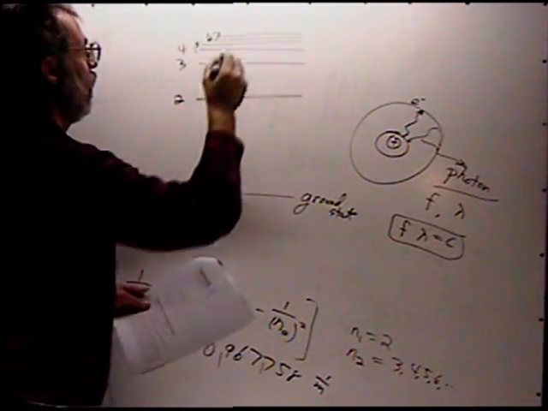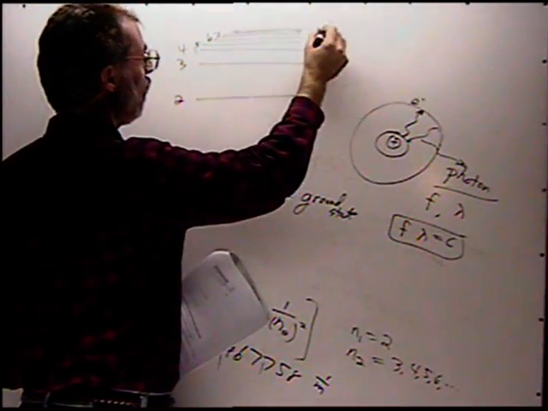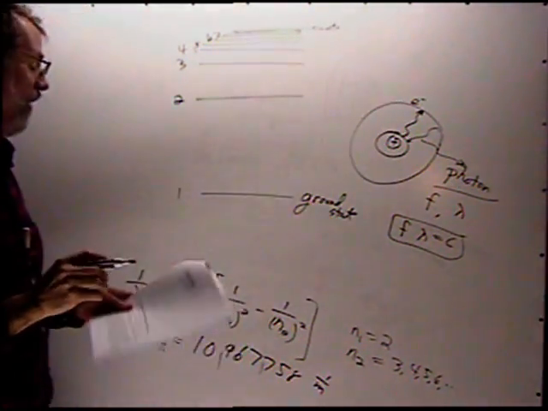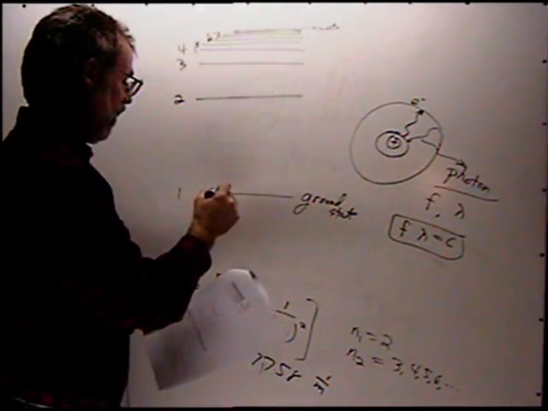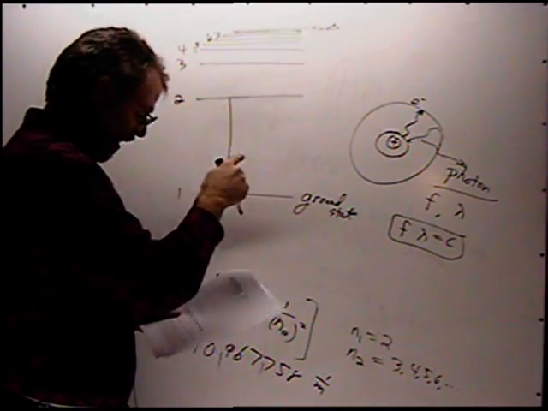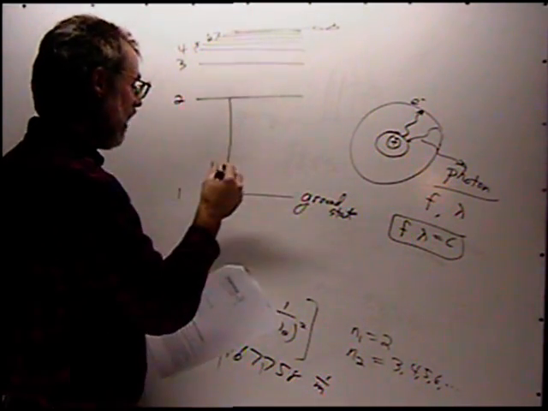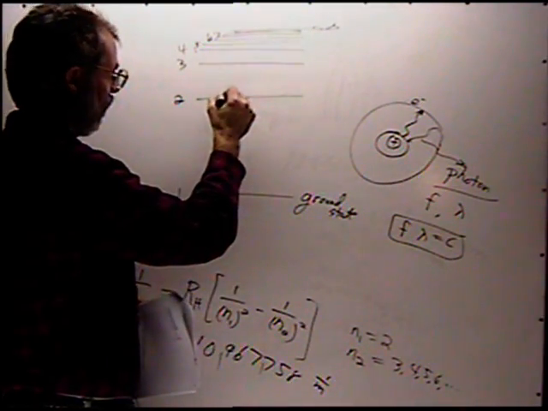Way out here, up at the very top, they basically form a continuum. So if you have an electron here in the ground state and we energize it, it can then fall back down. Suppose we have an electron that jumps from here to here.